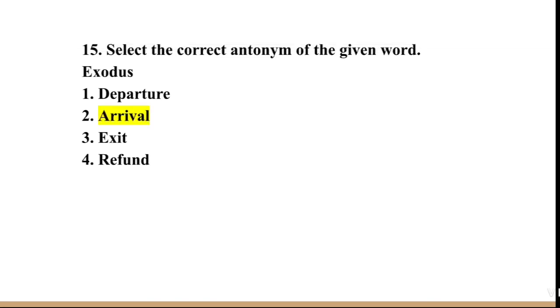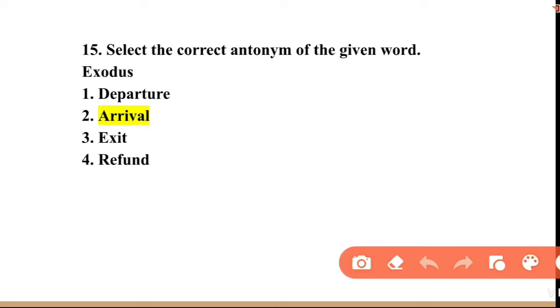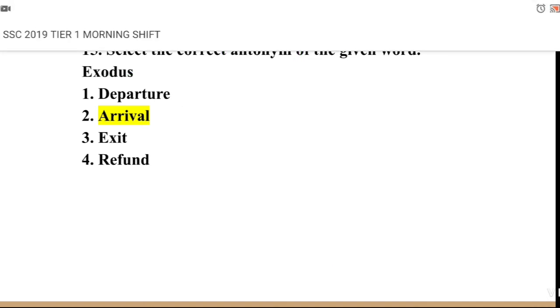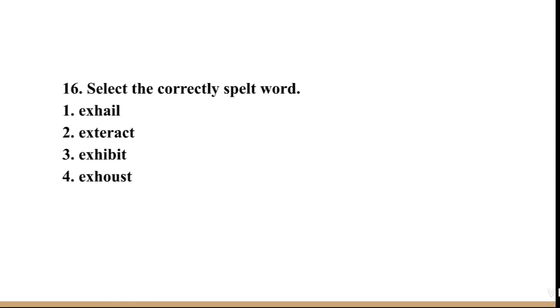Okay, so here arrival would be the answer, because the question is on antonym, the opposite word of exodus. Exodus means mass emigration or departure or exit. So hence the antonym or the opposite word would be arrival.